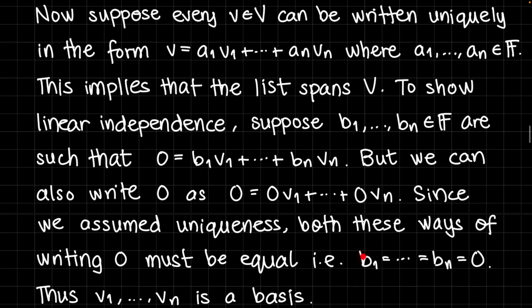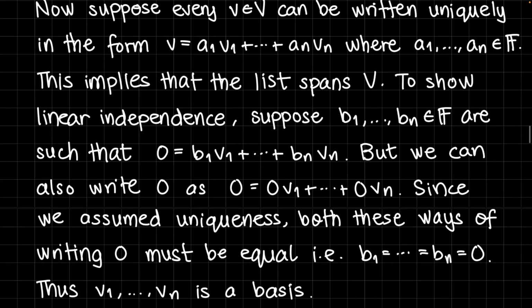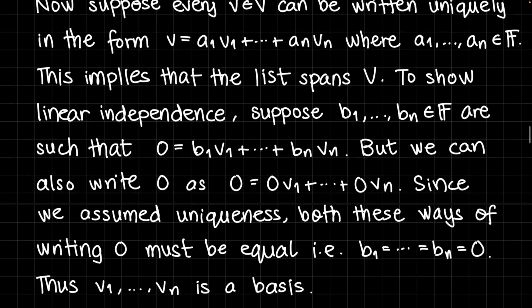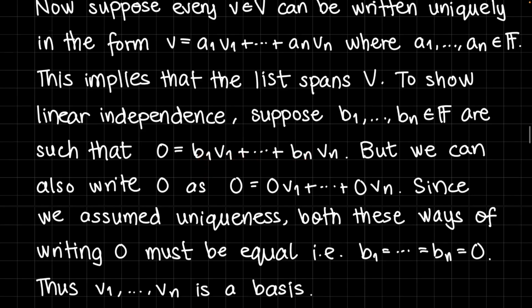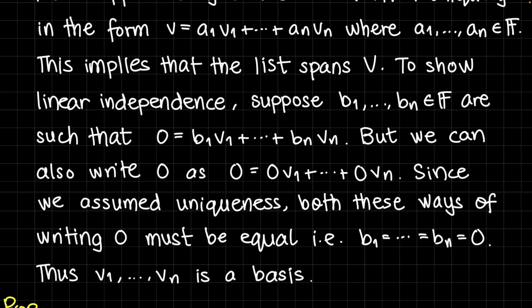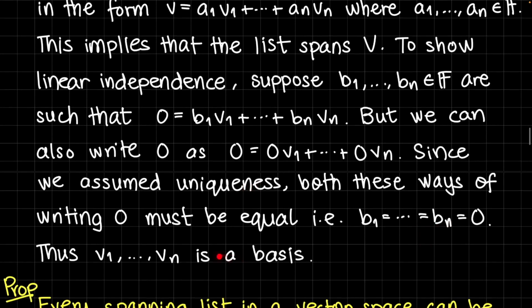That means b1 equals b2 equals so on till bn equals 0. All of those coefficients must be 0. And that's all we need to prove that it is linearly independent, because for linear independence, we needed that 0 be expressed in terms of a list of vectors where all coefficients are identically 0. That's exactly what we have from uniqueness. So therefore, v1 through vn is a basis. So we've done that direction as well.